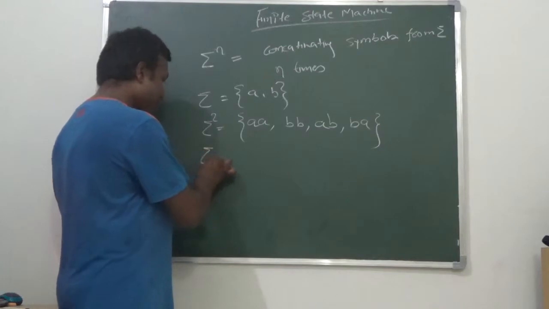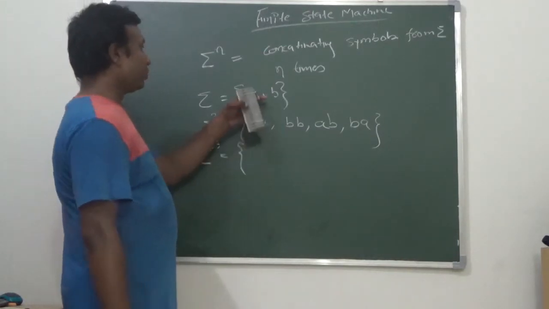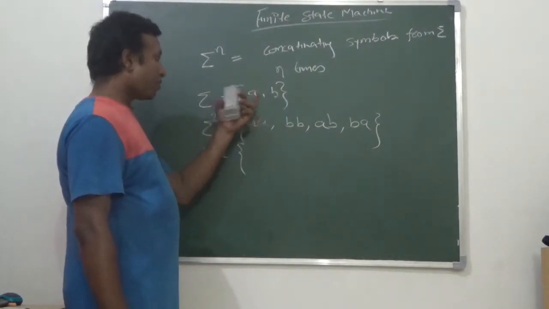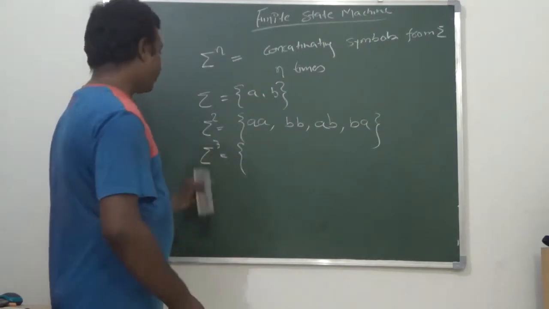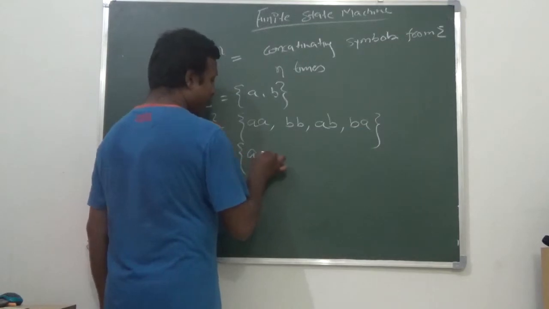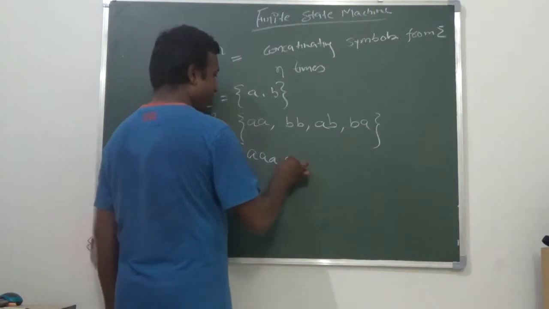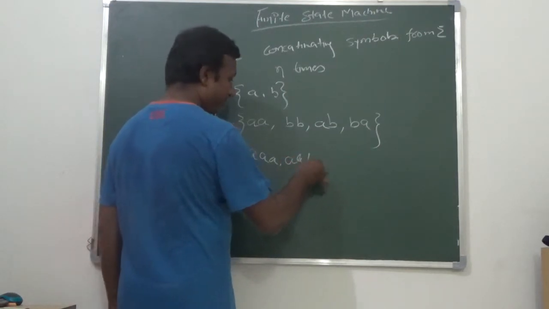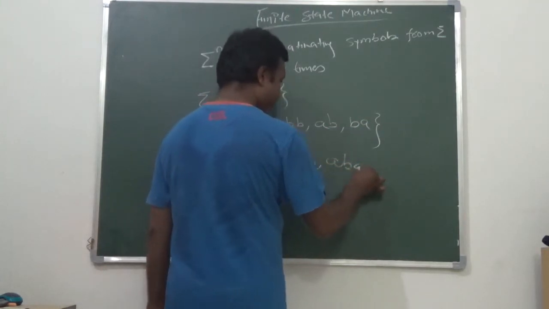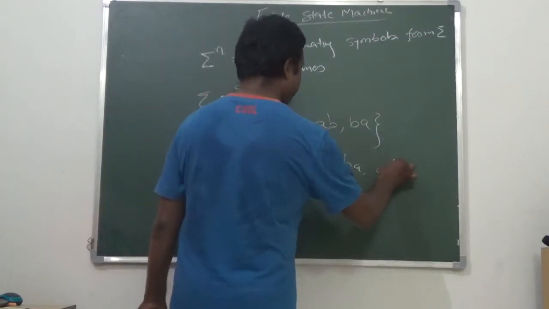Now if I think of sigma cube, it means I need to take symbols from this set and concatenate them 3 times. So if I choose A, then A, then A, that may be one possibility, AAA. Another possibility is AAB. Then ABA, then ABB, then BAA, then BAB, and so on.